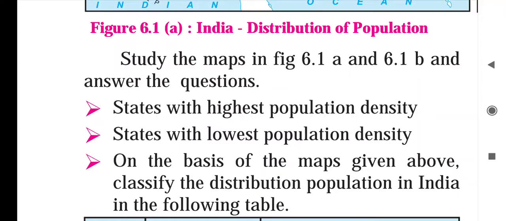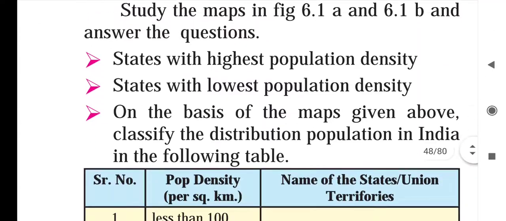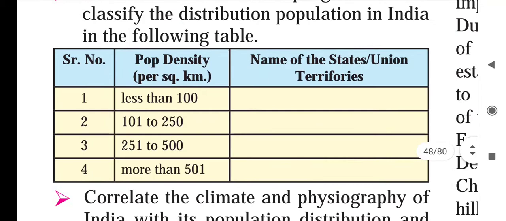Now on the basis of the map given above, classify the distribution of population in India in the following table. So here one table is given. In that table you have to study the map very carefully and complete the table. What is given? Less than 100.